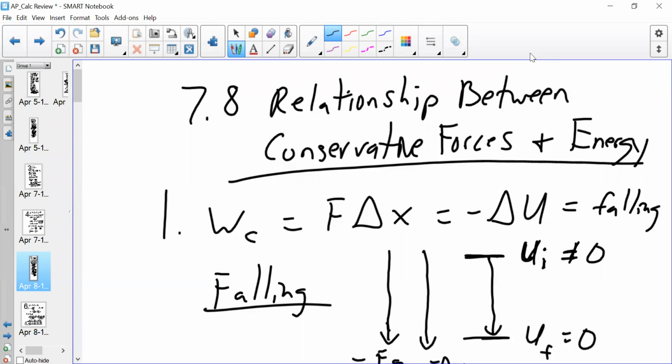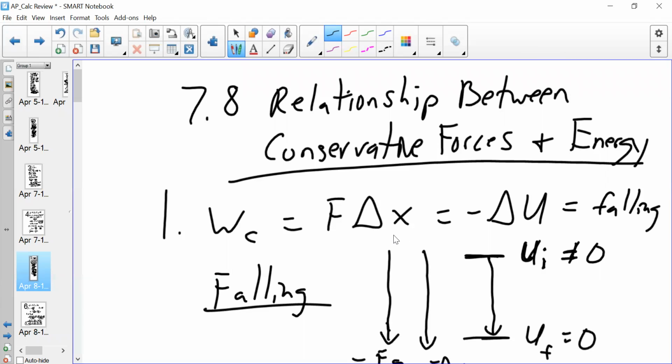Okay, so today we're looking at section 7.8, which is the relationship between conservative forces and energy. We already know that work done by any conservative force, whether it be the force due to gravity, the force by a spring, and even the electric force, is given by this equation here, F delta x.